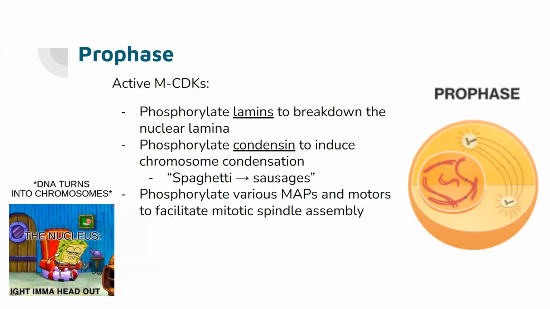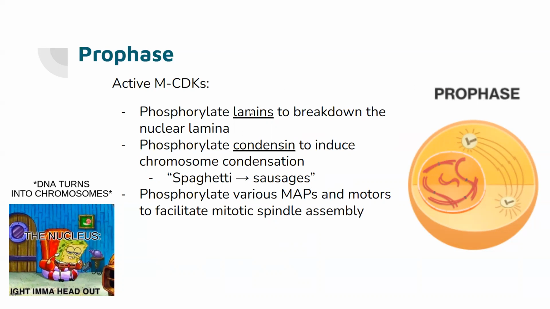So yeah, a little more detail. In prophase, what happens is that it started off because of the active MCDKs, and the active MCDKs are going to activate or phosphorylate certain proteins that are going to cause ultimately these effects that start off prophase.